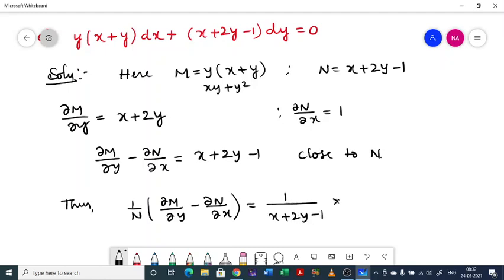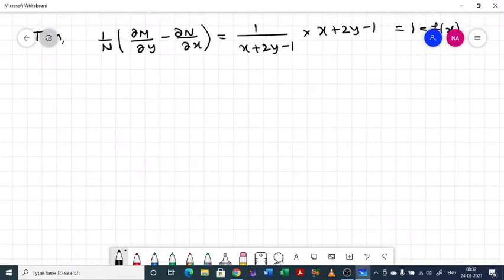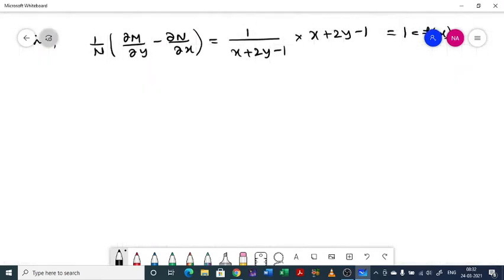Minus 1 into x plus 2y minus 1. So both get cancelled, you get 1, that you can treat as a function of x. So the constant term you can treat as a function of x or y, no problem. So we got the integrating factor e power integral 1 into dx. Integrating factor is e power x.